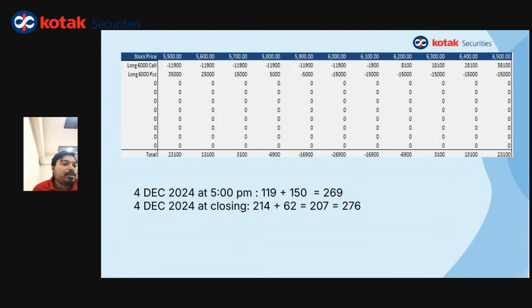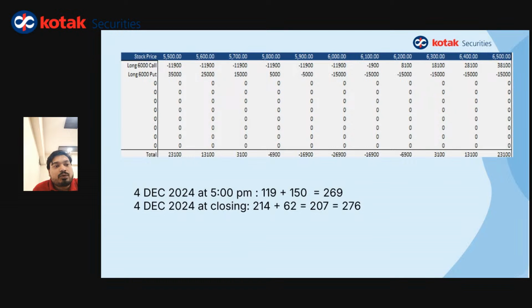Now I might be having more profit in intraday, but we have to be very cautious and see when we are getting maximum profit. In this case scenario, I have just taken the closing price.